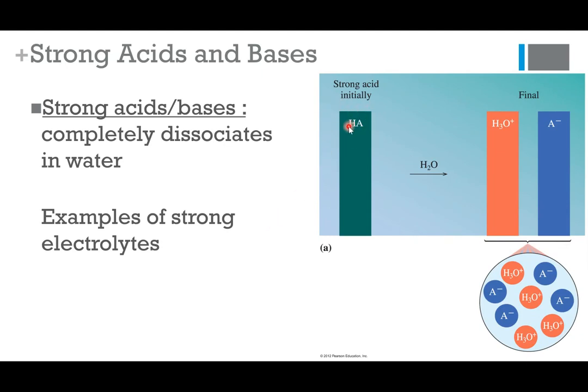Here, the H is just hydrogen in an acid. The A is just a generic term for acid. When I put a strong acid into water, it's going to completely break apart into hydrogen ions and whatever other anion it is. So complete dissociation, just like a strong electrolyte.